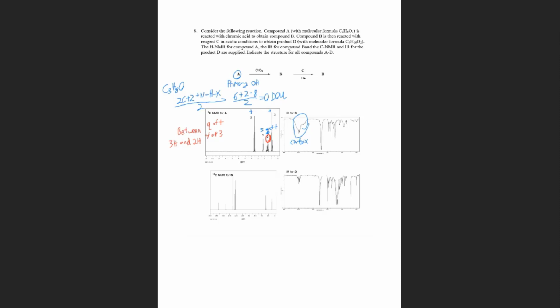So if I were to draw a carbon, I would put 2 red hydrogens, and then I would say that there needs to be something with 2 hydrogens and another bond to something with 3 hydrogens.